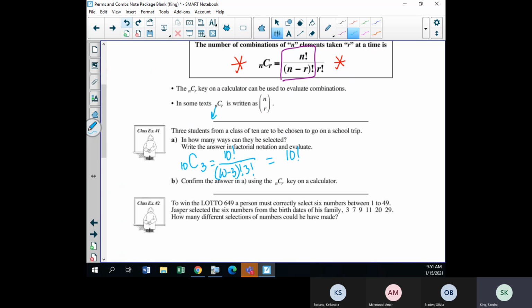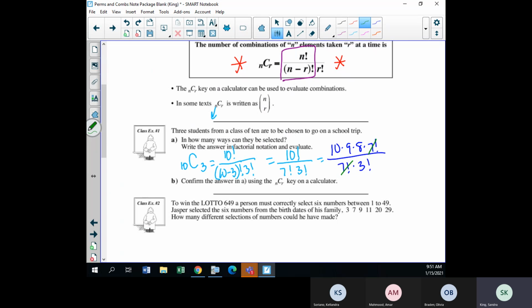So that would be 10 factorial all over 10 minus 3, which is 7 factorial, times 3 factorial. Unzip 10 factorial: 10, 9, 8, 7 factorial, all over 7 factorial times 3 factorial.